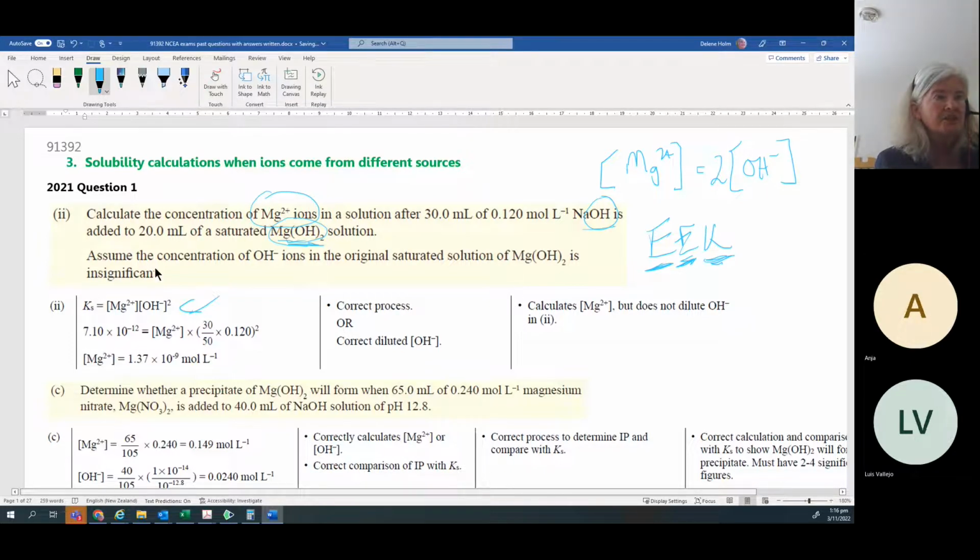So in this particular case, we write down our equation, which we've done, and this is now our expression. So we're at this point, and now we do the calculation. We substitute. The first thing we do is substitute for Ks. Now you'll notice there's no Ks given in this question.